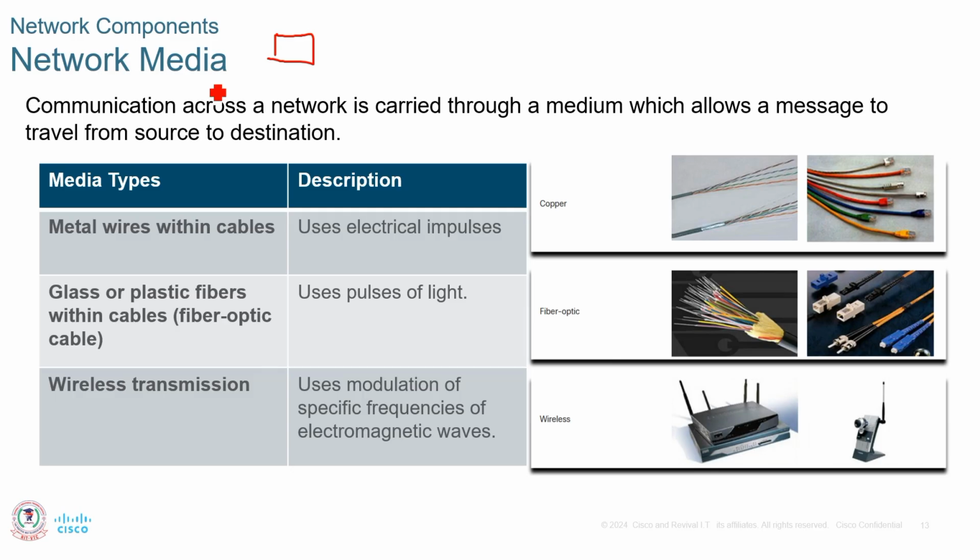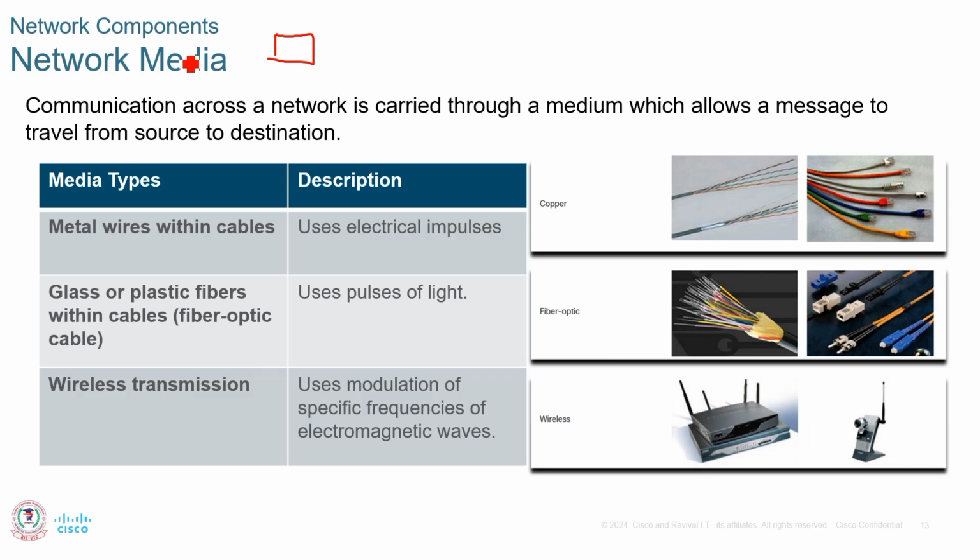Network medium or media can be wired or wireless. Communication across a network is carried through a medium which allows a message to travel from a source to the destination. So it helps to carry the message from the source to the destination.